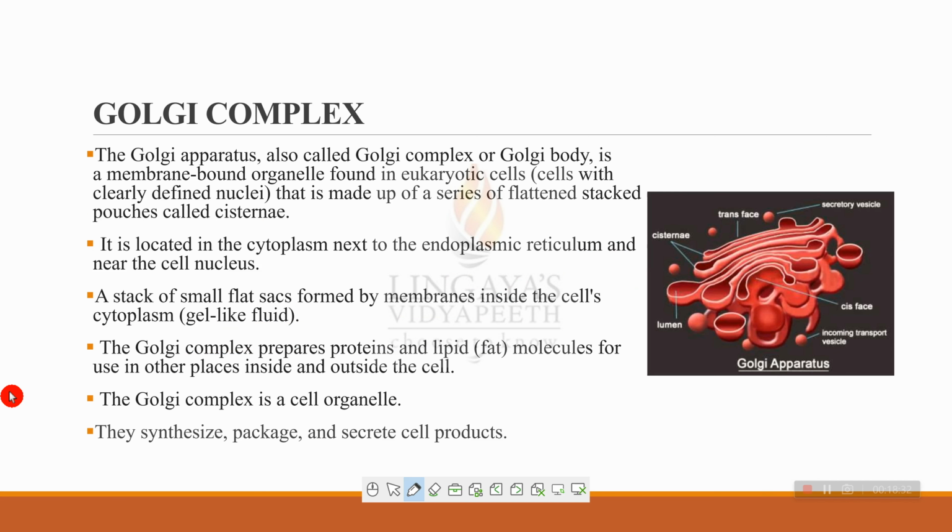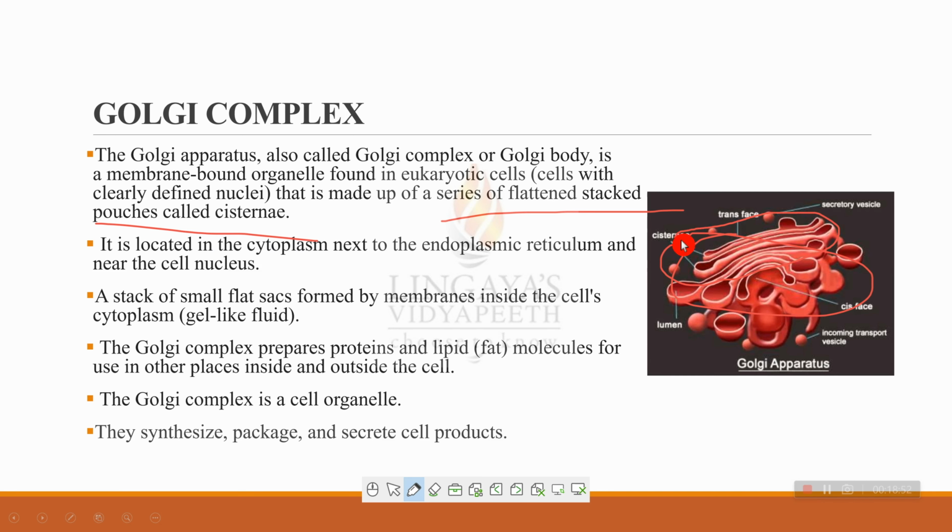Alright, moving on to the Golgi complex. The Golgi apparatus is also called the Golgi complex or the Golgi body. It is a membrane-bound organelle found in eukaryotic cells. It is made up of a series of flattened stacked pouches called cisternae.